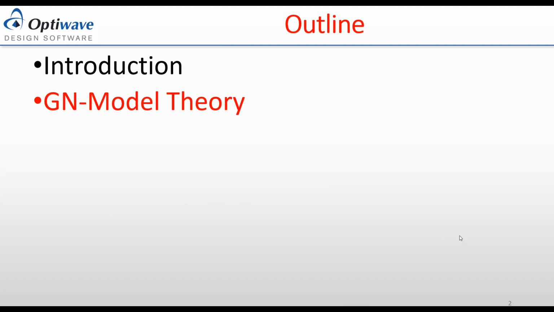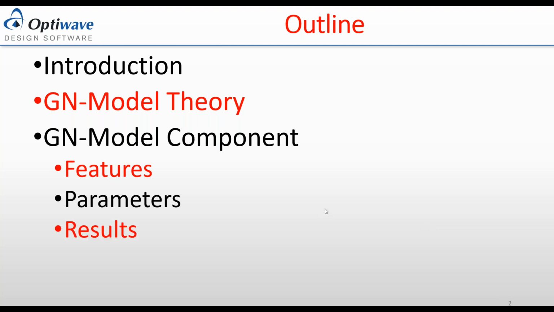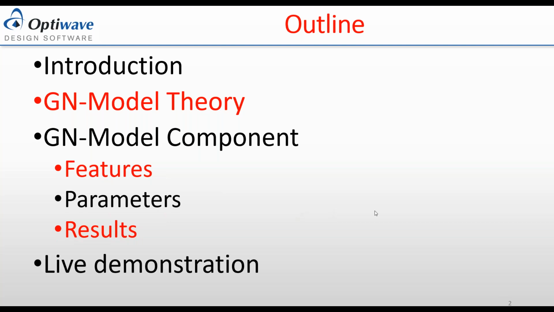Then we're going to talk about the theory behind the GN model, and the GN model component in OptiSystem, its features, and how to set the parameters in the component. Then we're going to show you what kind of results you can expect from this component. We'll show you a live demonstration, and at the end, we're going to have a small question and answer session.